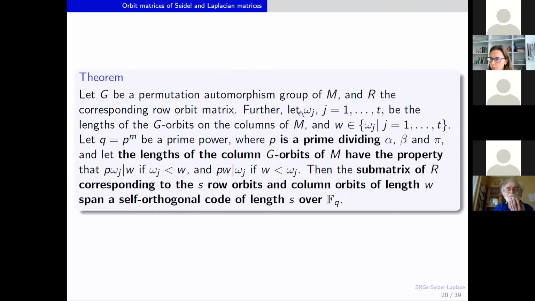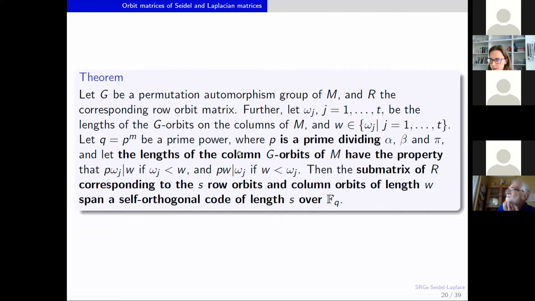We denote by omega j the lengths of the G orbits on the columns of M, and let W be an element from this set of orbit lengths. Then again, you have a condition which, if satisfied, gives you a self-orthogonal code.